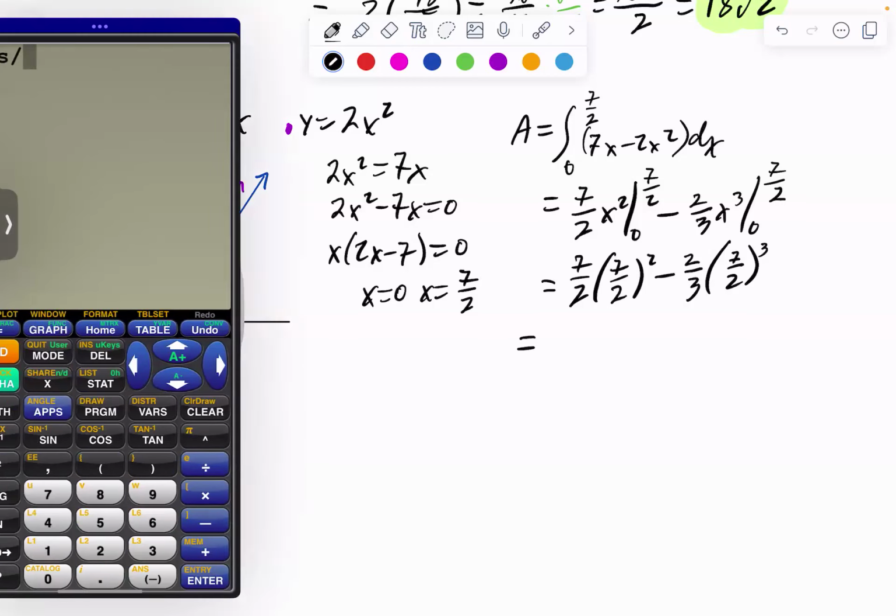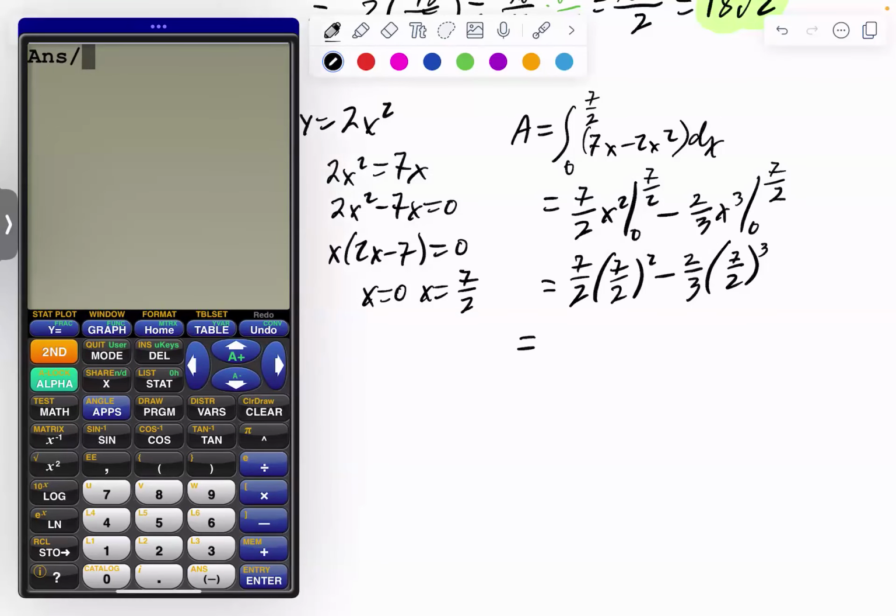So that's going to be 7 times 7 squared in the numerator over 2 times 2 squared. I didn't put the zeros in, by the way, because 0 squared is 0, and 0 to the third is also 0.